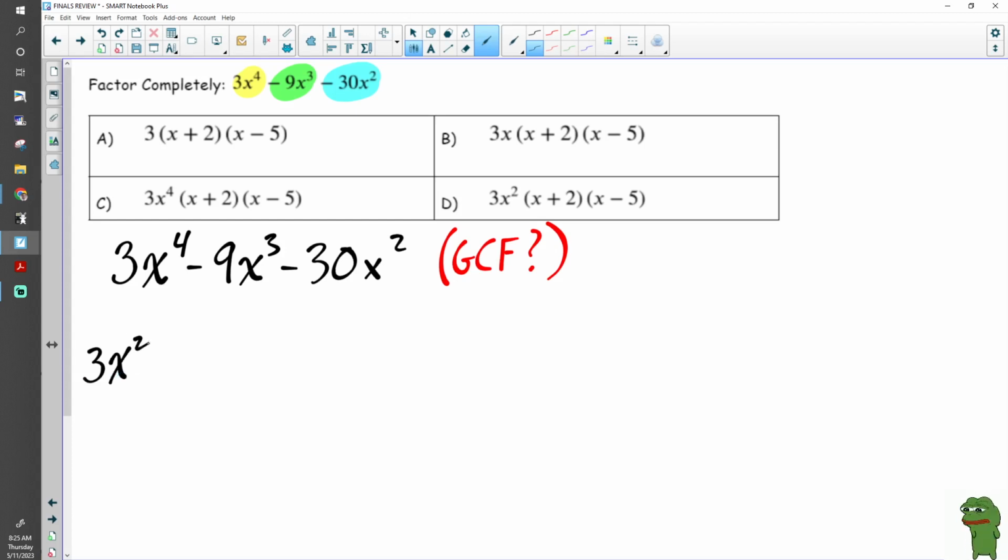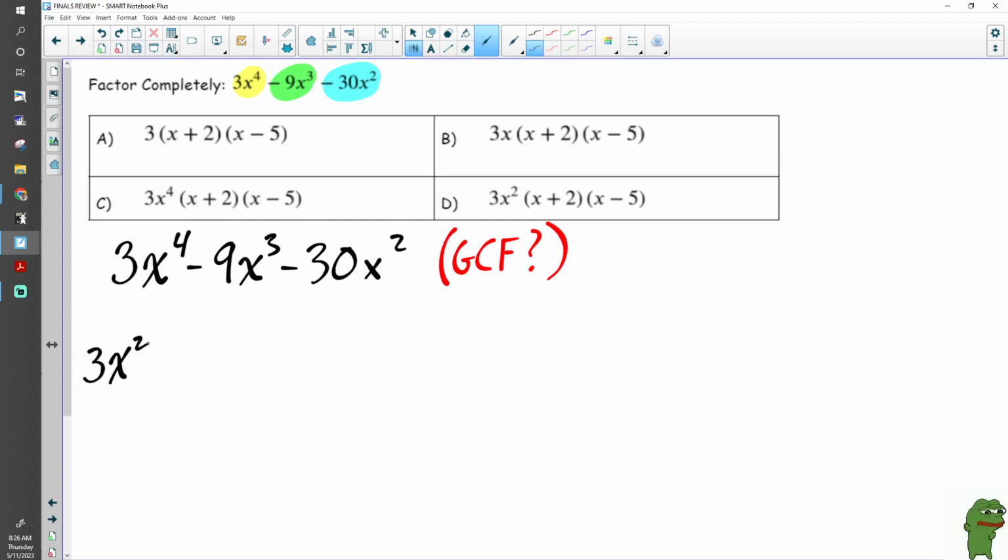I can take out 2 x's from the first term, 2 x's from the second term, and 2 x's from the last term without taking out more than they have. I couldn't take out x to the 3rd because 30x squared doesn't have x to the 3rd to take out. So 3x squared is the greatest common factor. That's the most I can take away from everything. And by take away, I mean we're going to divide it out.